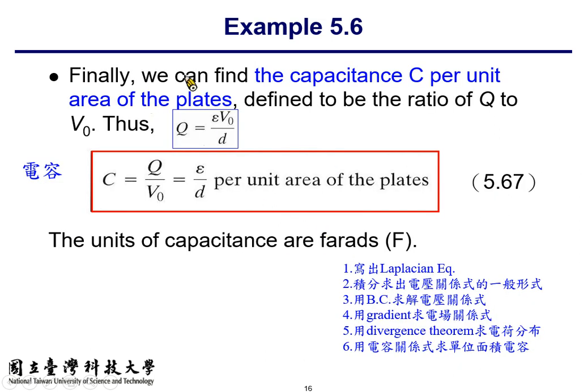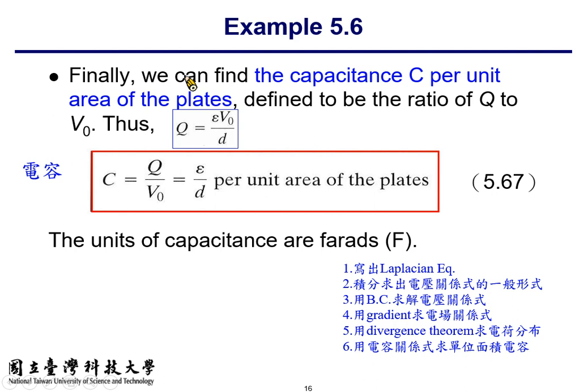In this slide, we use the definition of capacitance, that is, the capacitance C is defined as the ratio of total charge over voltage difference.